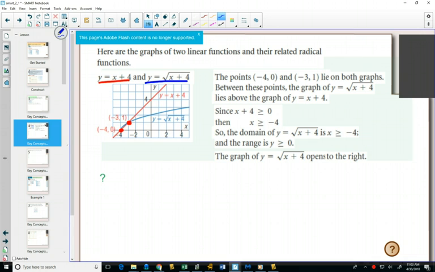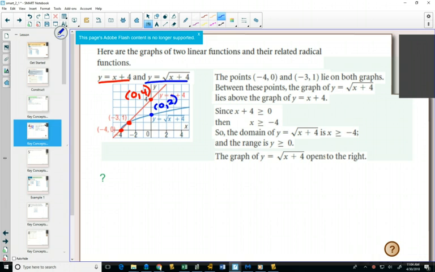But if I take another point on my original red graph, like this point (0, 4), if my y value was 4 on the original graph, does it make sense that plugging in 0 into my blue graph, I'm going to get 2? Because what's the square root of 4? It's 2.